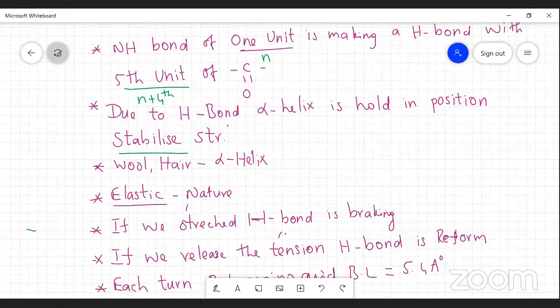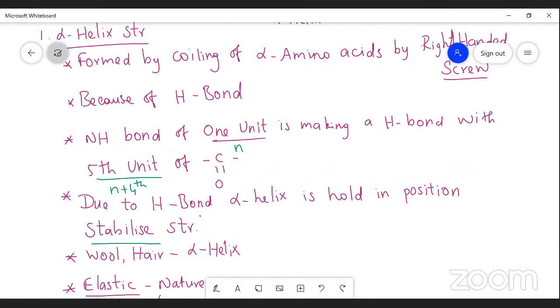And here, because of the hydrogen bond, coiling occurs. The NH bond of one unit makes a hydrogen bond with the fifth unit of the CO bond, and due to the hydrogen bond, the alpha helix structure is held in position and stabilized.